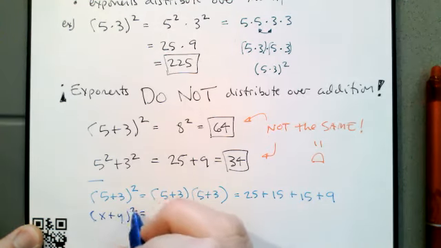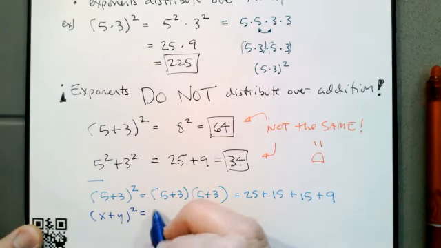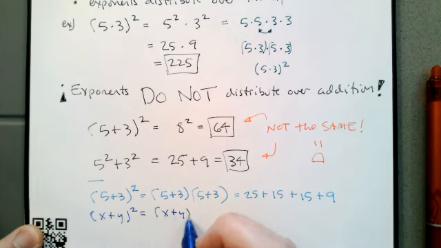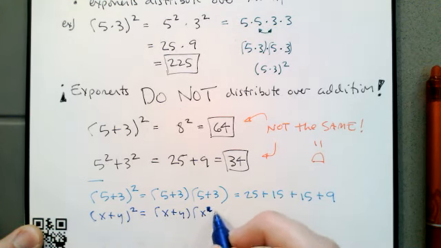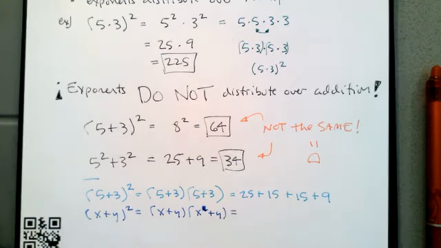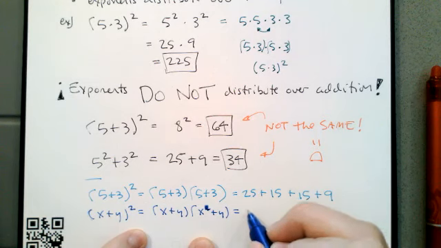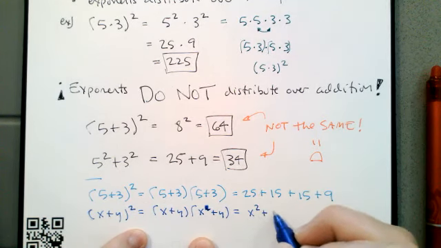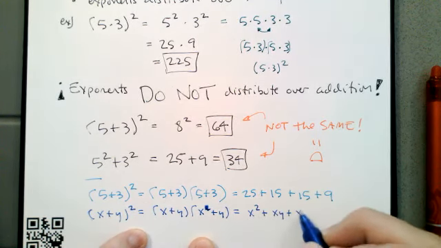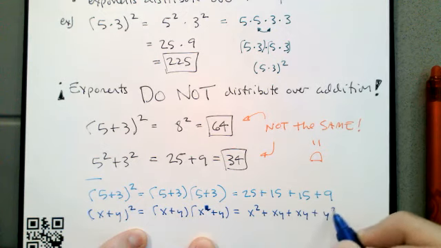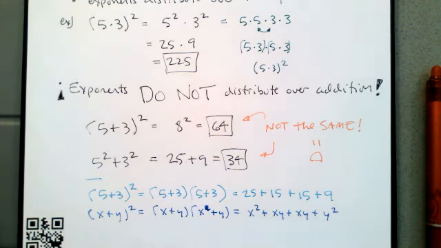And I don't distribute the exponent to the sum, but I can write this as x plus y times another x plus, oops, I spelled plus wrong. And then if I multiply these with the distributive property, x squared plus an xy plus another xy plus a y squared. So I can't just write x squared plus y squared, I'll be missing these two xy's in the middle.